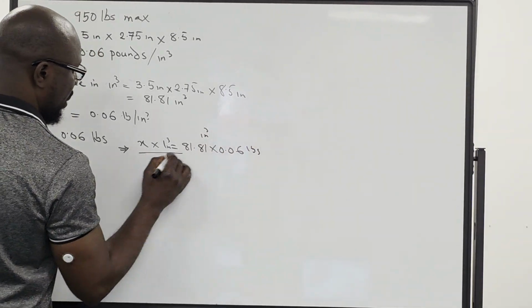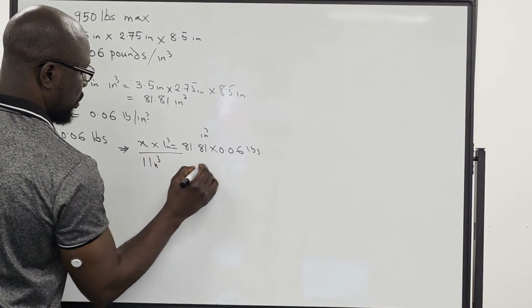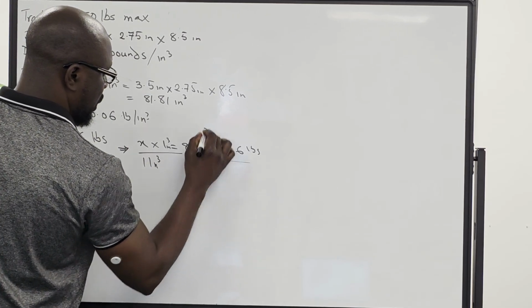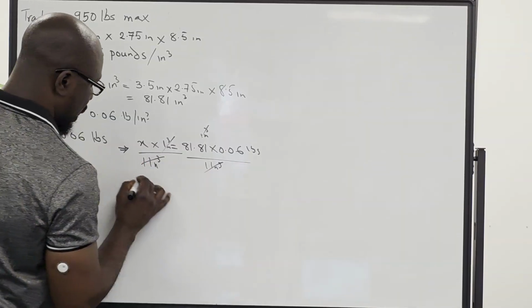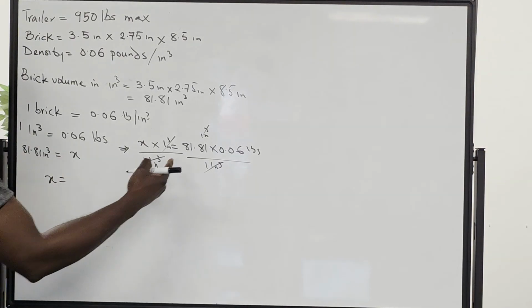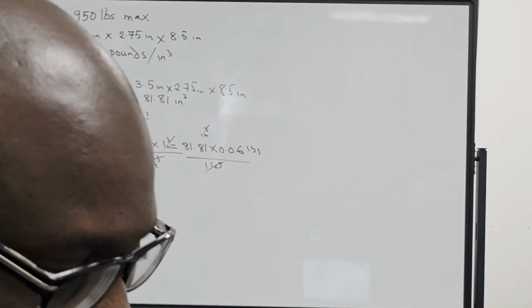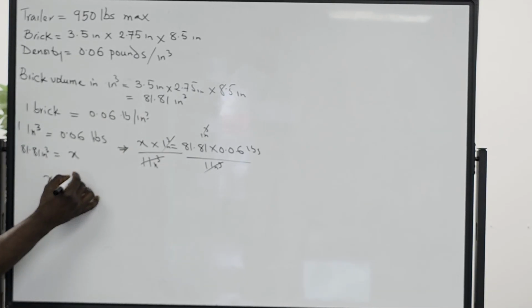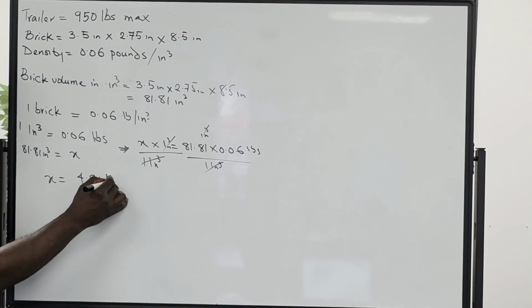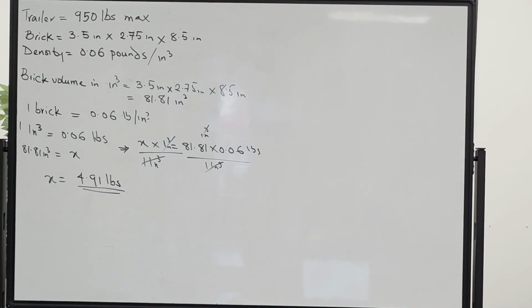So divide both sides by 1 inch cube, which takes that out of the equation, so X is equal to 81.81 times 0.06. That should give us 4.91 pounds, which means that one brick with this dimension is 4.91 pounds.